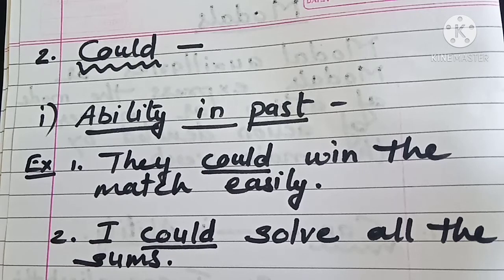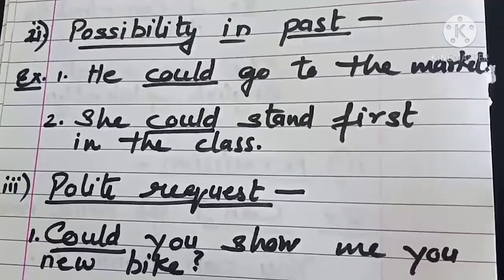Now we'll see the second use of could. The second use of could is possibility in the past. Just as can expresses possibility in the present, could expresses possibility in the past. For example, he could go to the market, meaning it was possible that he could go to the market.